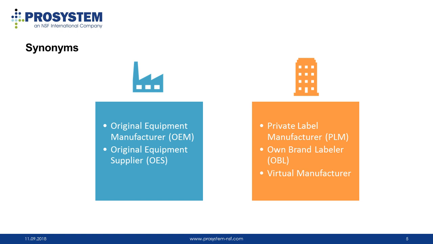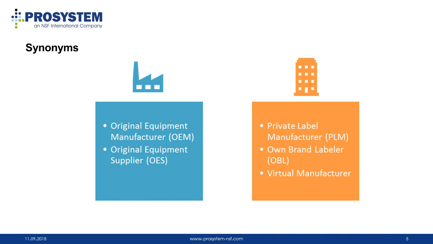So there is also the original equipment supplier, the OES, or for the customer, they can also be named the own brand labeler, the OBL, or in the last few years, the virtual manufacturer was also added for that.